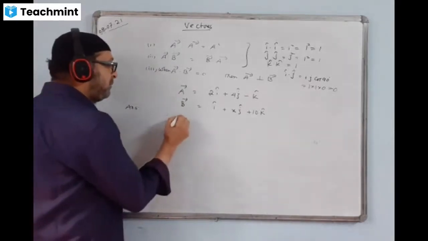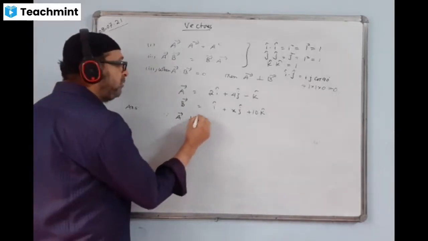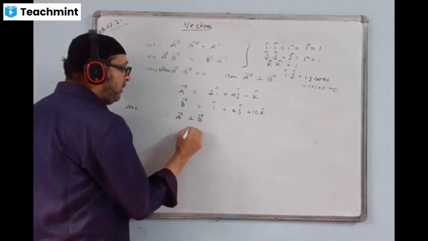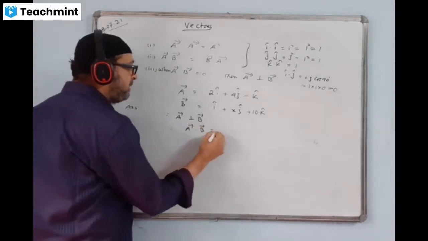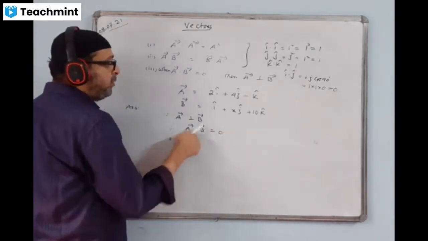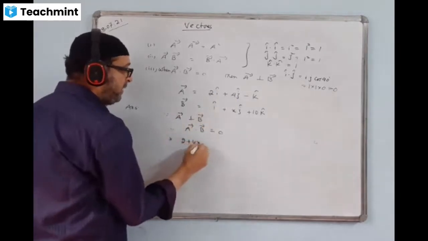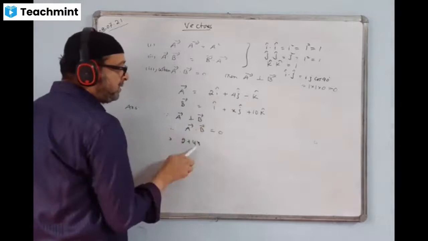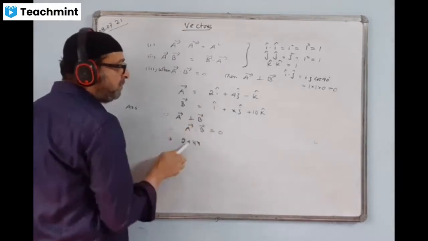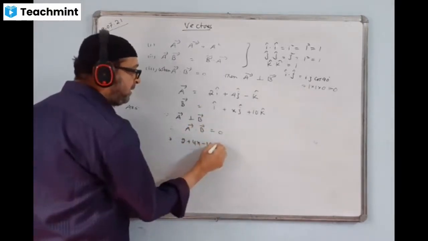Since A is perpendicular to B, therefore A dot B must be 0. I'll take A dot B this side. 2 ones are 2 plus 4x I will write. 4 into x is 4x along with the sign. Plus sign is also multiplied. Here it is coming minus 10 equal to 0.